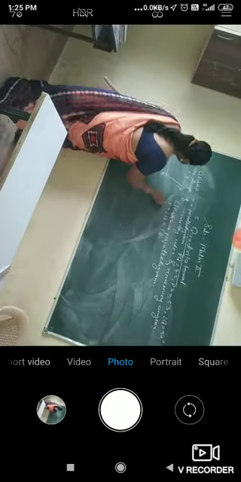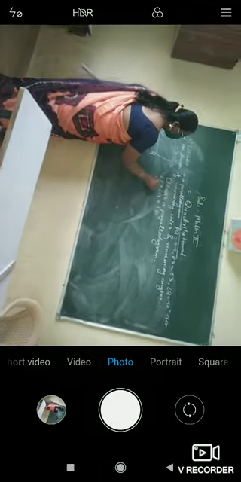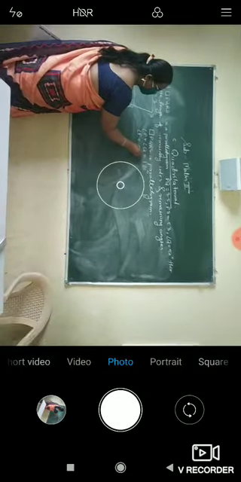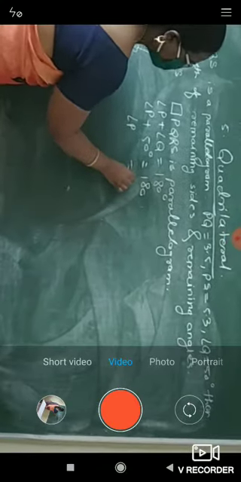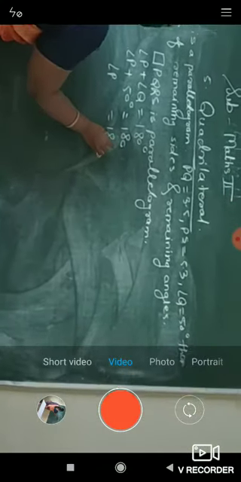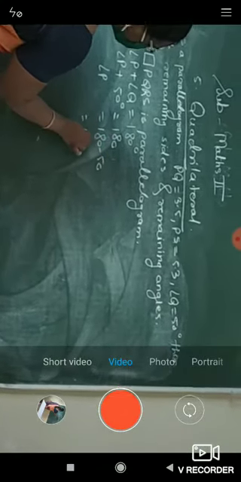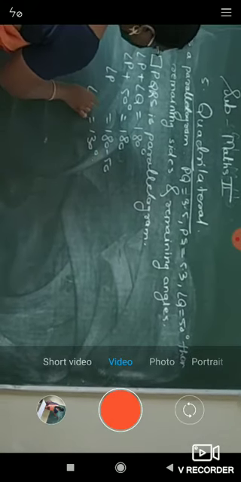So here, P's measure is given? No. Q is equal to how much? 50 degrees. So angle P is equal to 180 minus this 50, so here it is 130 degrees. Clear?